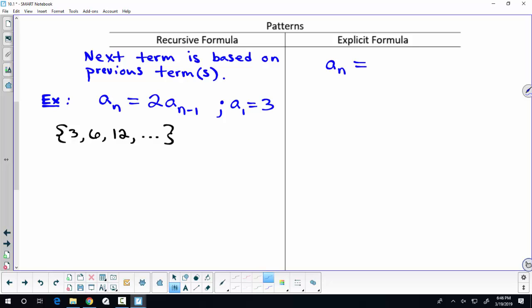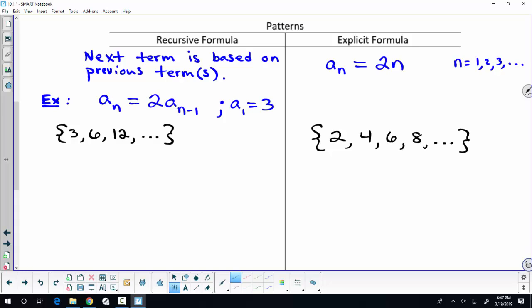Let's say, for example, a sub n was 2 times n, and we'll specify that n is 1, 2, 3, etc. So what would the list of numbers be for this? 2, 4, 6. So that's an explicitly defined sequence.